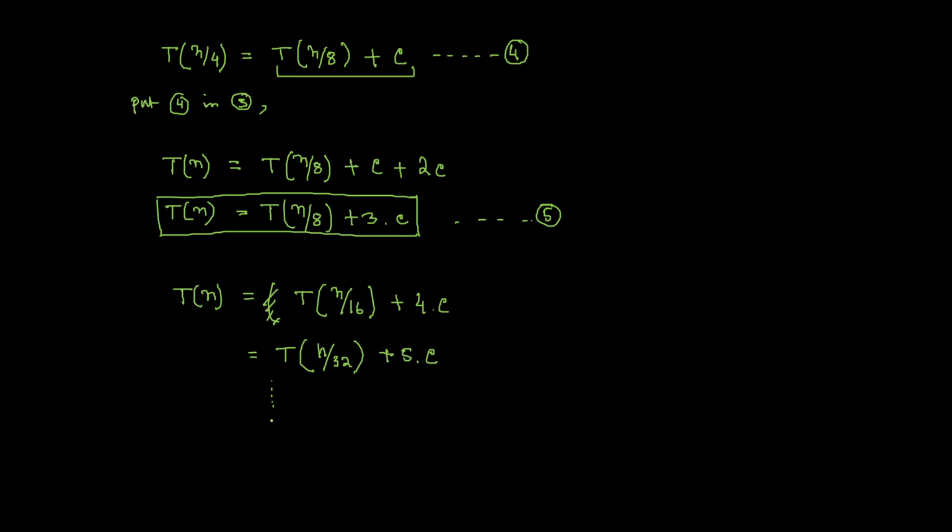So the pattern I can write is T of n by 2 to the power i plus, with the same power, it is multiplied by c, so it will be ic.